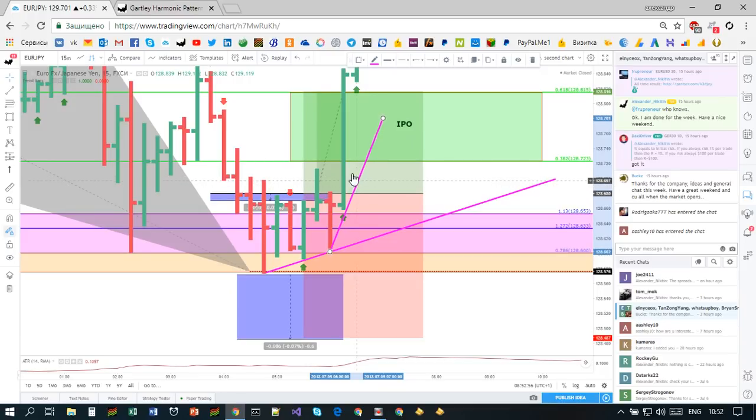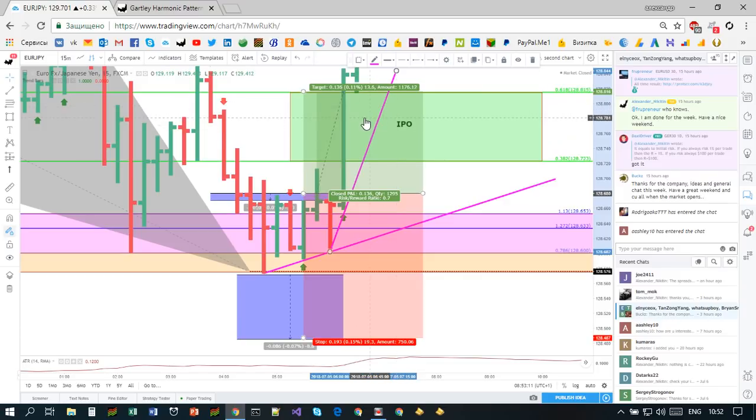That's why you shouldn't exit on an accelerated trend line. You should exit at the primary trend line. But after the IPO is hit, you only exit at this primary trend line break. So two situations may happen. Price goes straight to your take profit, or it closes somewhere here and you take whatever profit it gives you.